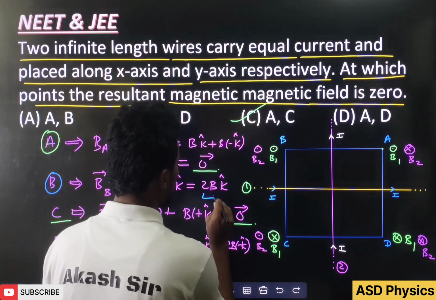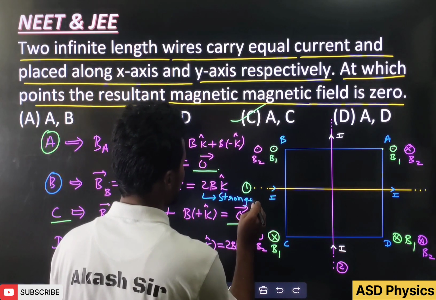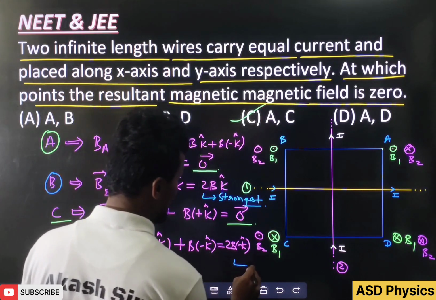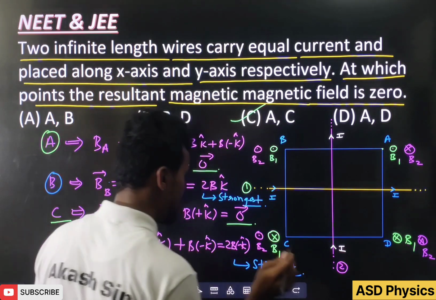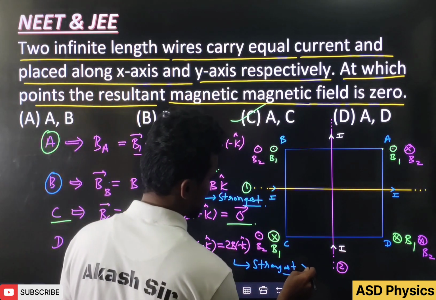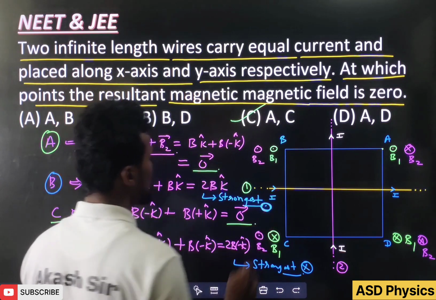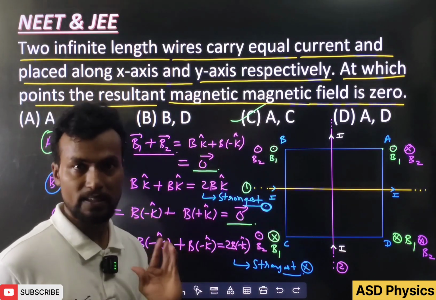Here you can also write strongest. Okay, strongest and outside. Here also you can see the magnetic field is strongest, and where? Inside, because minus K is there, and here strongest and where? Outside is there. So they may ask anything: zero magnetic field region, strongest outside, strongest inside. You can find it out very easily.